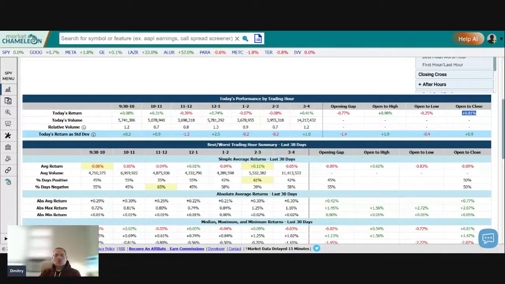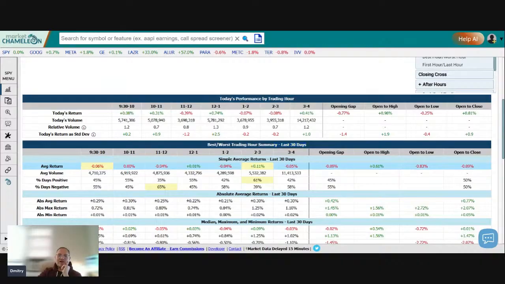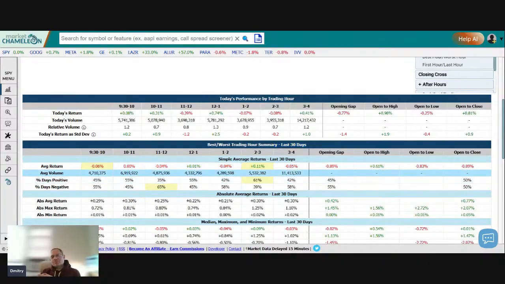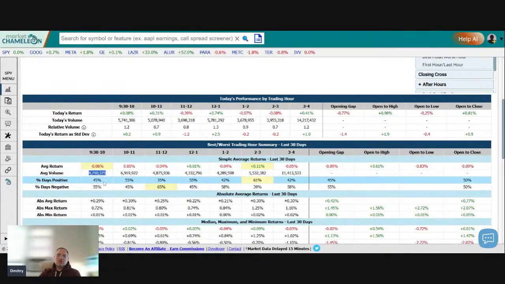So here we could see that from 9:30 to 10, if we took the average of the last 30 days, the average return was negative 0.6, meaning that the first half hour on average was weaker. Okay, so if we took the average of each of those returns, it was negative. Average volume was 4.7 million, and 45% of the days in the last 30 days were up moves, 55% down moves.